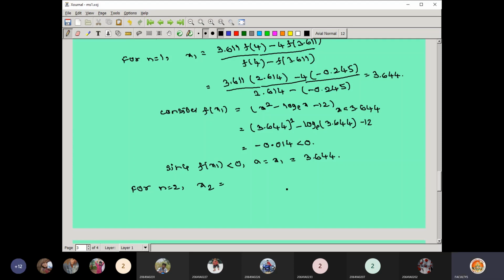A value 3.644 and B same, your previous B value 4. I think approximately 3 point something.